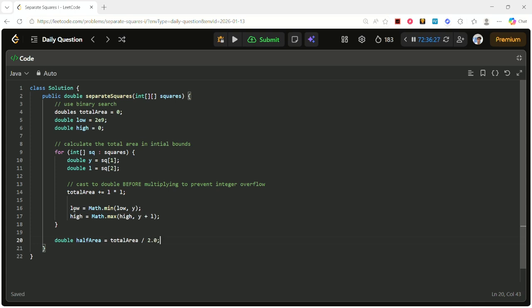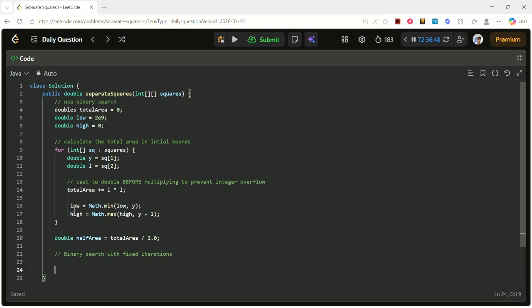Then the binary search loop: we fix the iterations, for int i is equal to 0, i less than 100, i++.